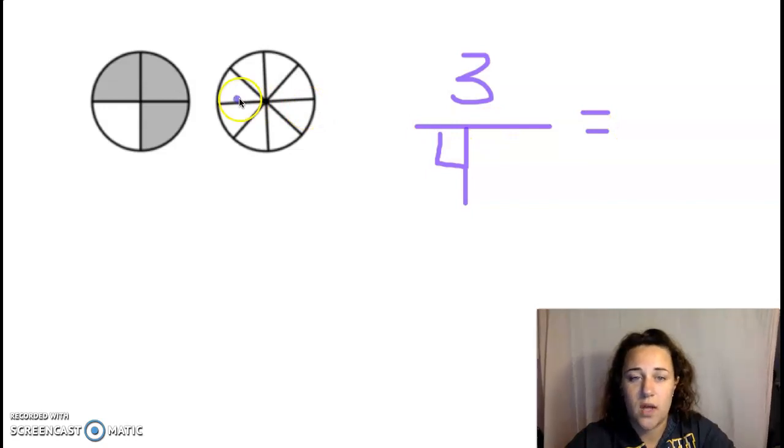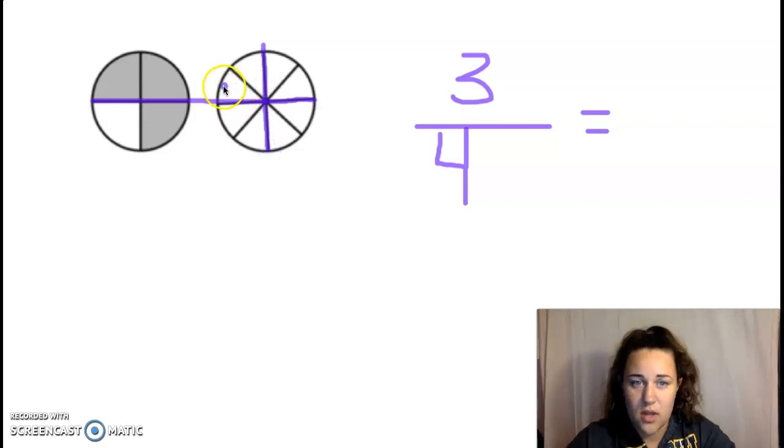So for this one, I can see that the line goes this way, right? But it also goes right down the middle. So I have to color in 1, 2, 3, 4, 5, 6.